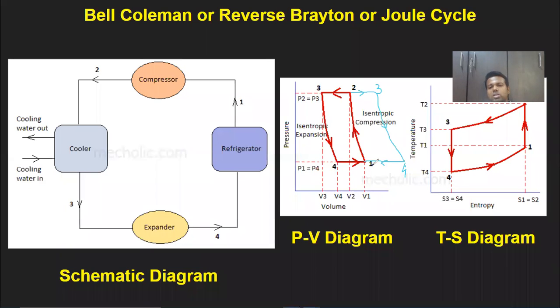So 1, 2, 3 dash, 4 dash is a Brayton cycle, which we have seen in thermodynamics. Are you able to recollect this? Is that okay, all of you? Yes, sir. Now in HVAC, what we are seeing is a reverse Brayton cycle.